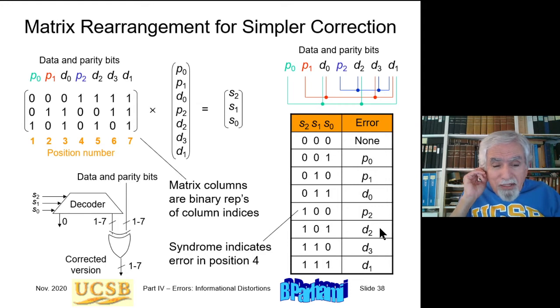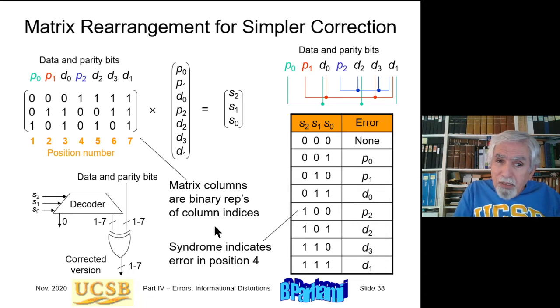And this gives me a very simple way for error correction. If I take the syndrome, a 3-bit number, and decode it, I have 8 outputs numbered 0 through 7. So if I have 000, output 0 will be asserted. If I have 001, output 1 will be asserted. If output 0 is asserted, that means everything is okay. So that output of the decoder tells me that everything is okay, if it's 1.